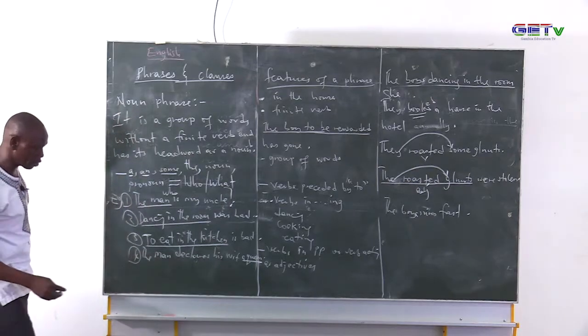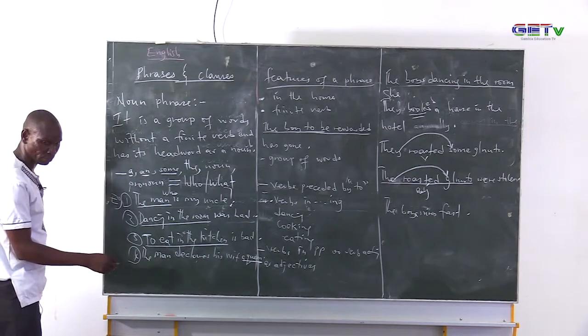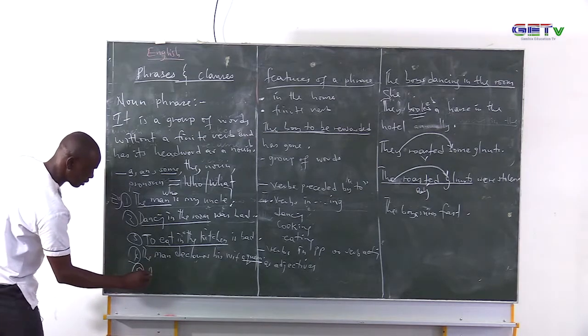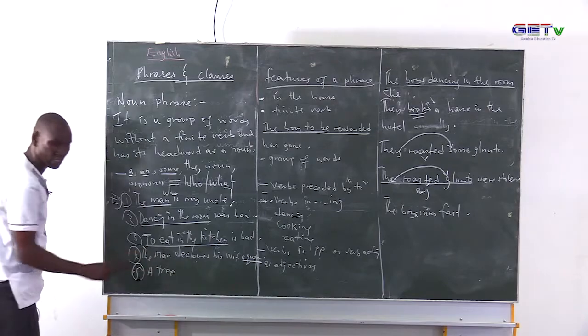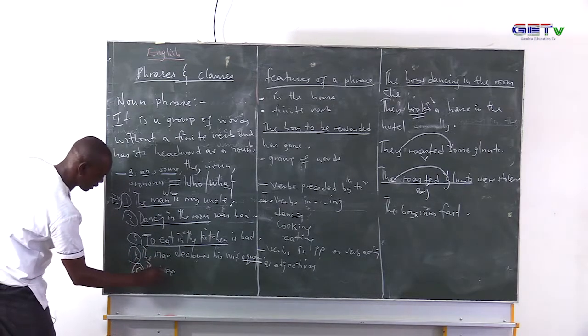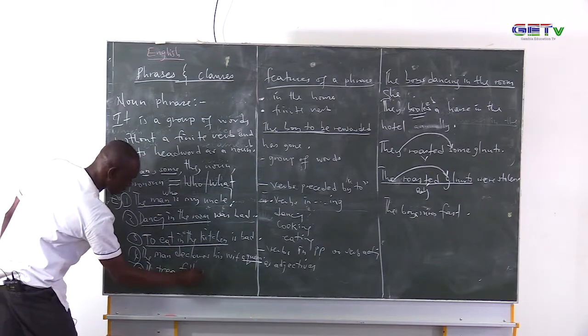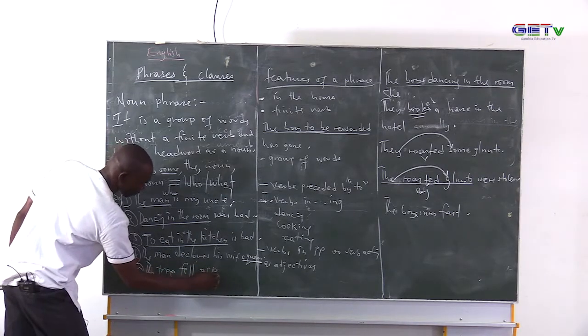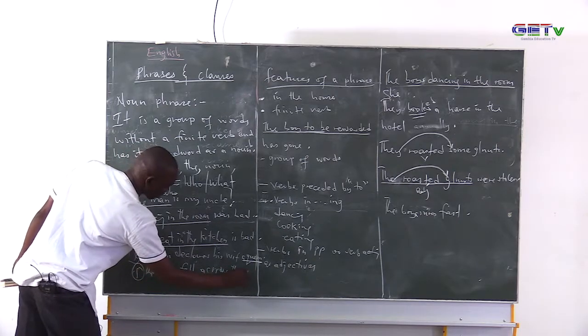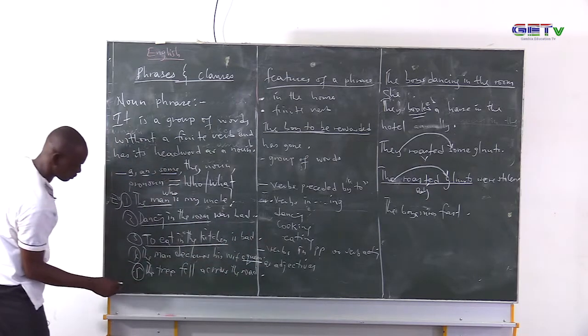So then we also have the last one, example 5. Like example 1, we have "the tree fell across the road." Get the point?